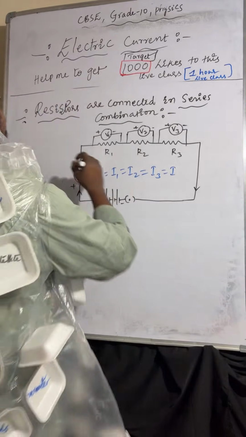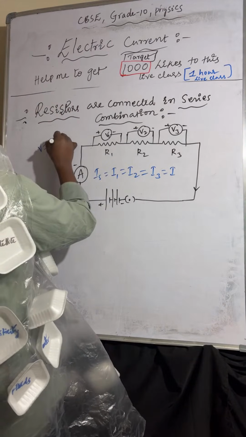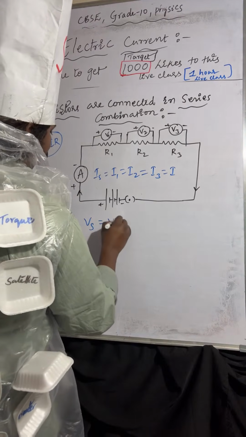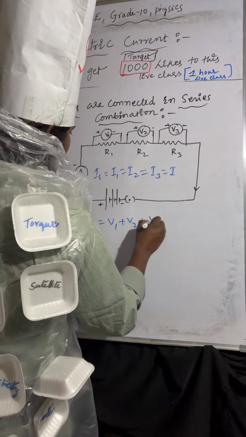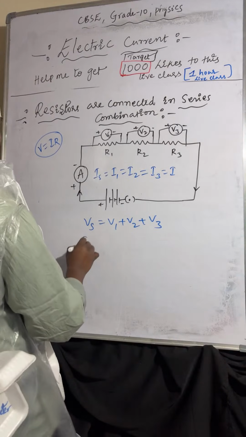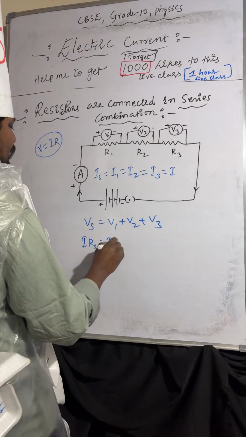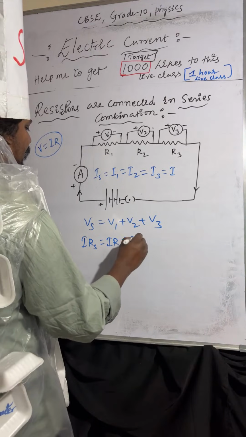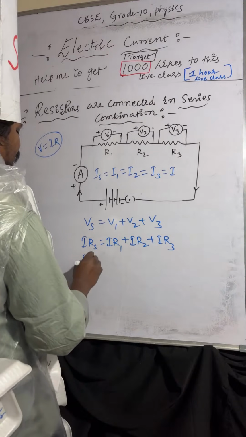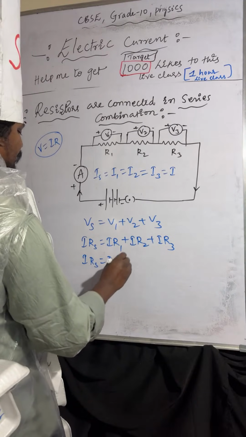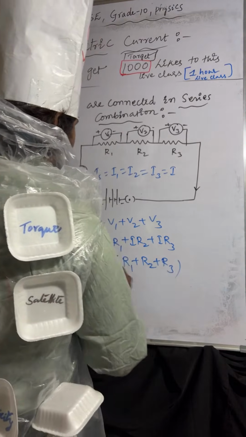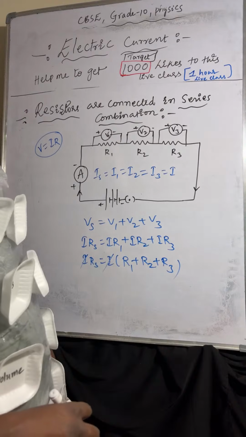But the potential difference is different. V equal to IR. So Vs equal to V1 plus V2 plus V3. So I R S equal to I R1 plus I R2 plus I R3. Taking I common, R1 plus R2 plus R3, so I gets cancelled.